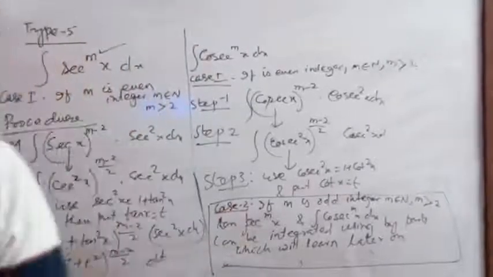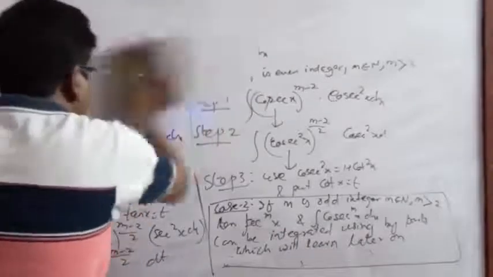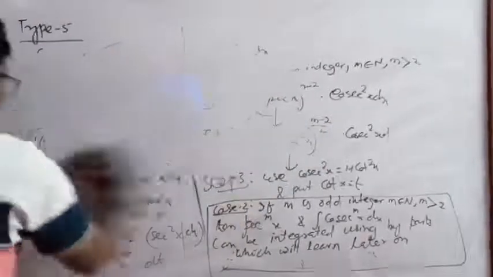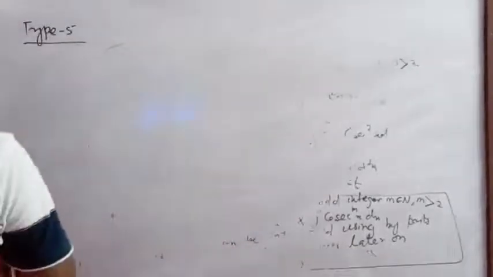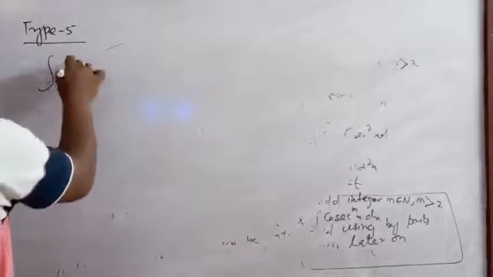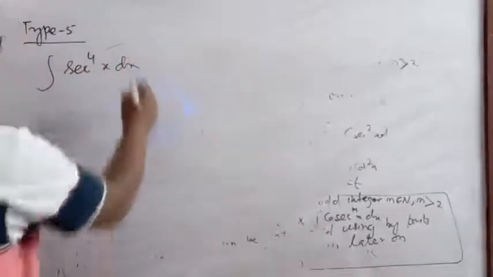Now an example of this type 5. Suppose integration of sec fourth x dx, same thing. So what is the process?